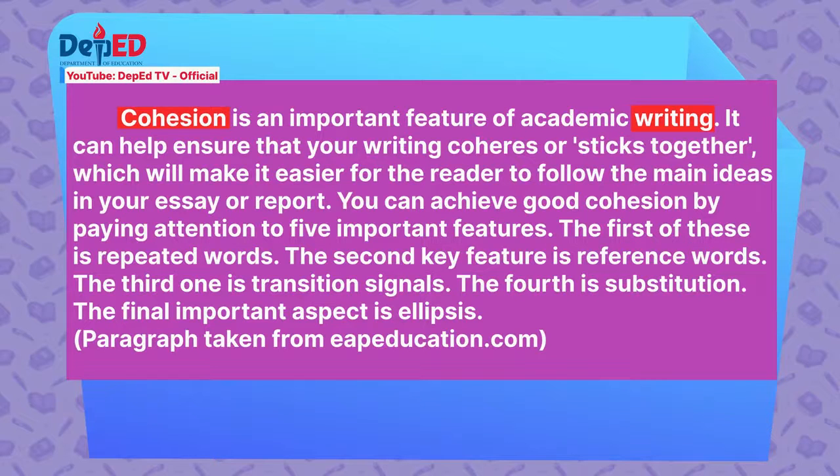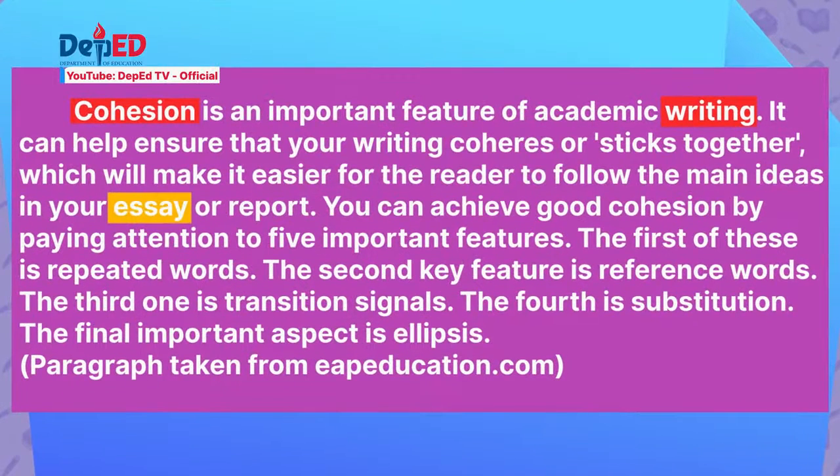Doing so reminds your readers of the ideas in your topic sentence in a subtle yet effective way. You may replace these keywords with synonyms or related terms just for variety. For example, instead of writing, the author here used the words essay and report.